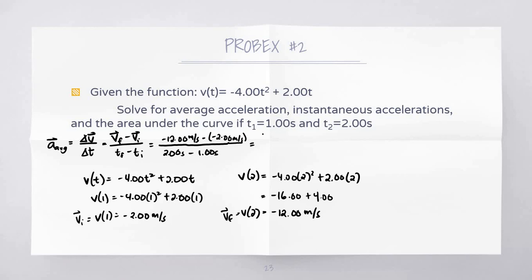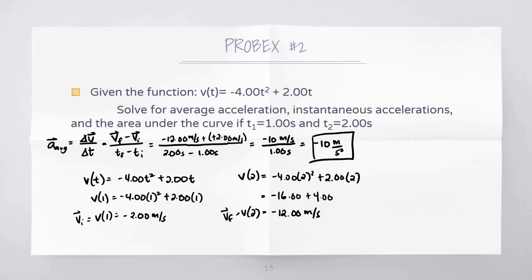So this is negative preceded by a minus sign, so this will become positive and plus. So negative 12 plus 2 gives us negative 10 meters per second as the numerator, and for the denominator, 2 minus 1 is 1 second, and our final answer is now negative 10 meters per second squared. So this is now our average acceleration.